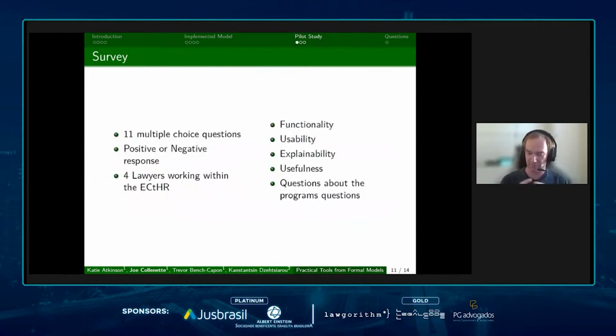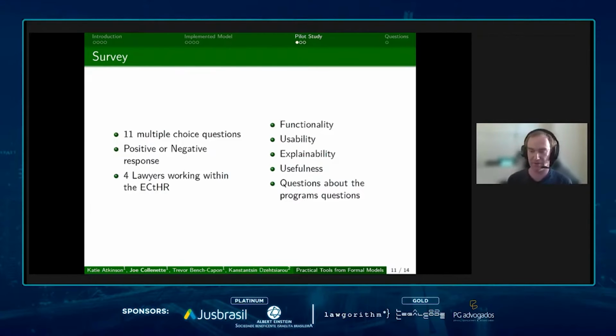So when we finished making this, we sent it off to 4 lawyers who work within the European Court of Human Rights. And once they had a play with the program, they completed a survey which had 11 multiple choice questions. And these questions, you could have a positive or negative result, so it's strongly agree, disagree, strongly disagree.